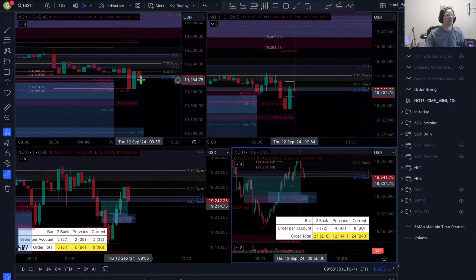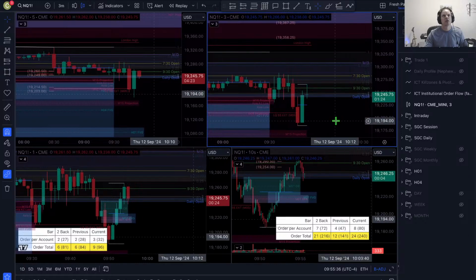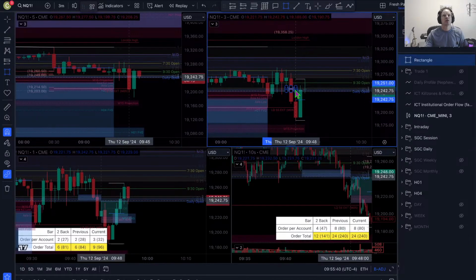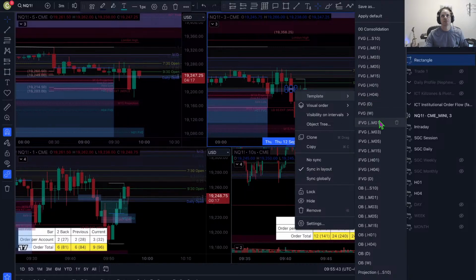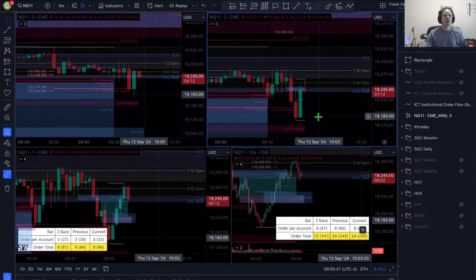All that said, M5 just closed back above the 930 open. M3 has the rejection of that. It hasn't broken this fair value gap yet. Potential that holds to the downside.